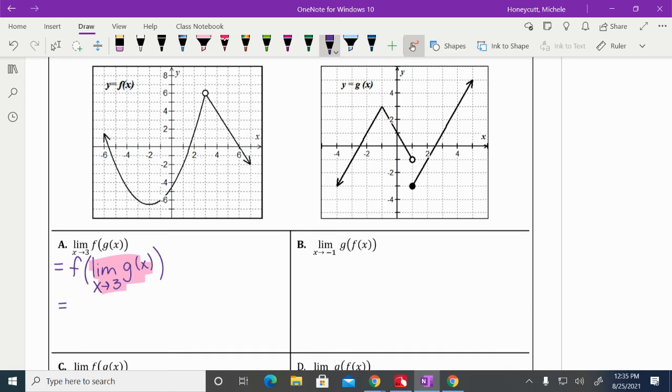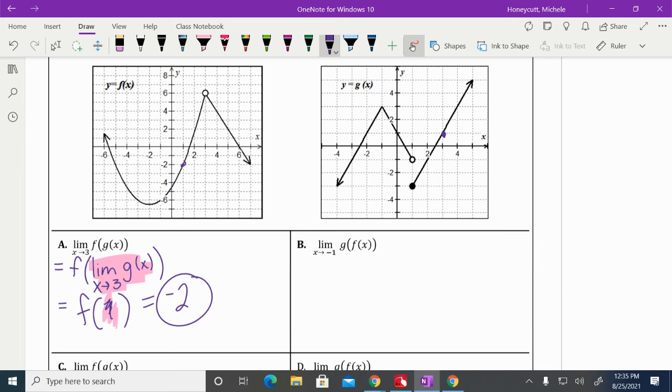On g, as x approaches 3, the y values approach 1. So that means I need to find f of 1. F of 1 equals negative 2.